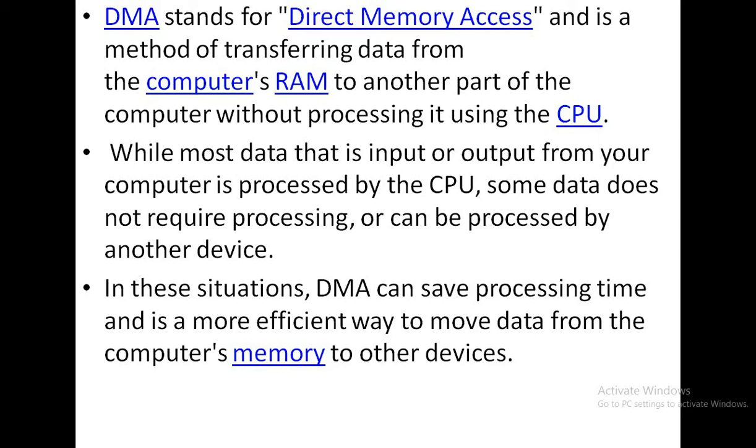So there, DMA can save processing time. The direct memory access mechanism can save processing time, and it is a more efficient way to move data from the computer's primary memory to other devices. Okay.